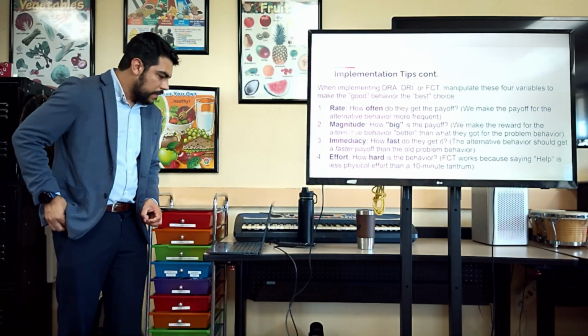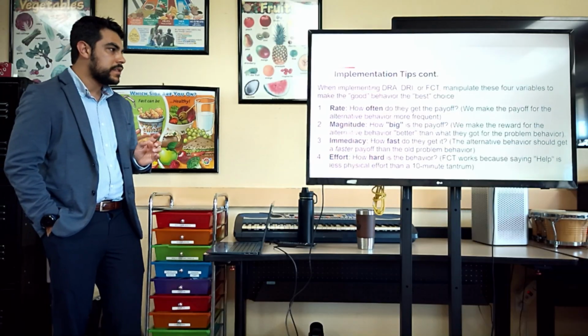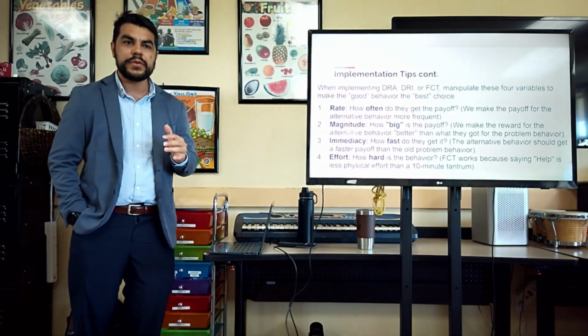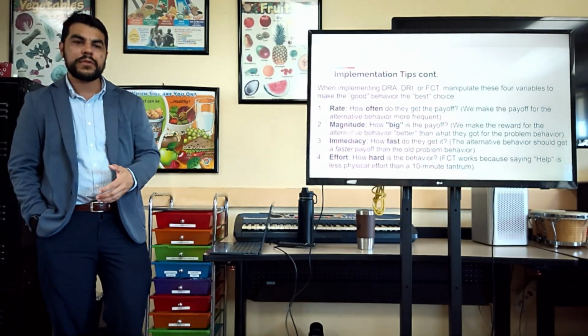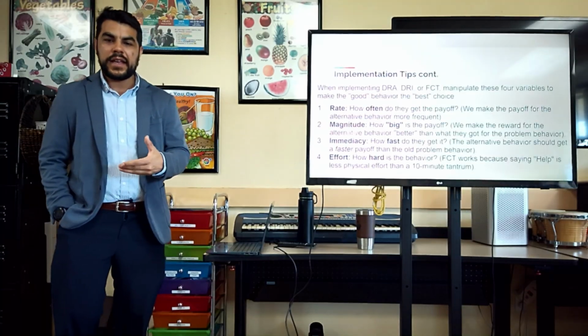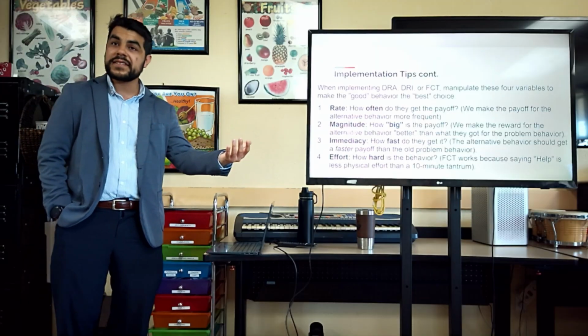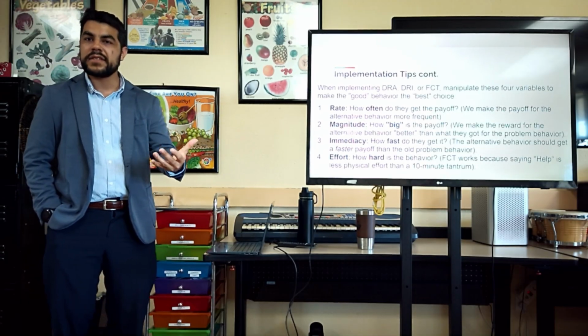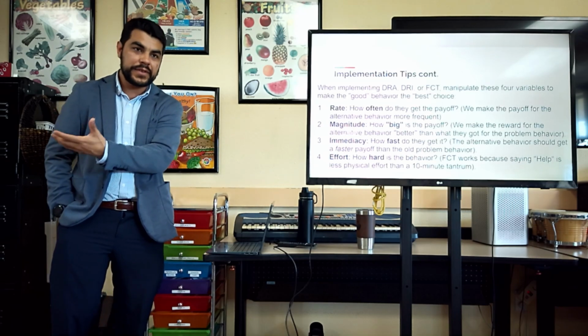Okay. This is also really important when we're looking at the dimensions that we're able to influence to make a proper response more reinforced than the other, where we're trying to lead the individual to recognize, oh yeah, if I do this, then it's going to lead me to getting what I want, as opposed to doing this other thing, the problem behavior.